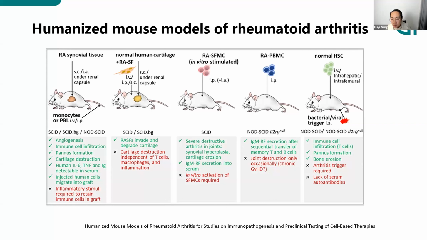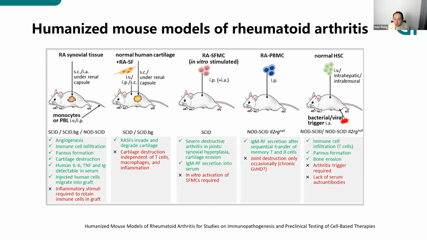These mouse models lack the ability to reject the allografts, so they enable stable reconstitution with human cells. Like features are green colored, and the drawbacks are red colored.